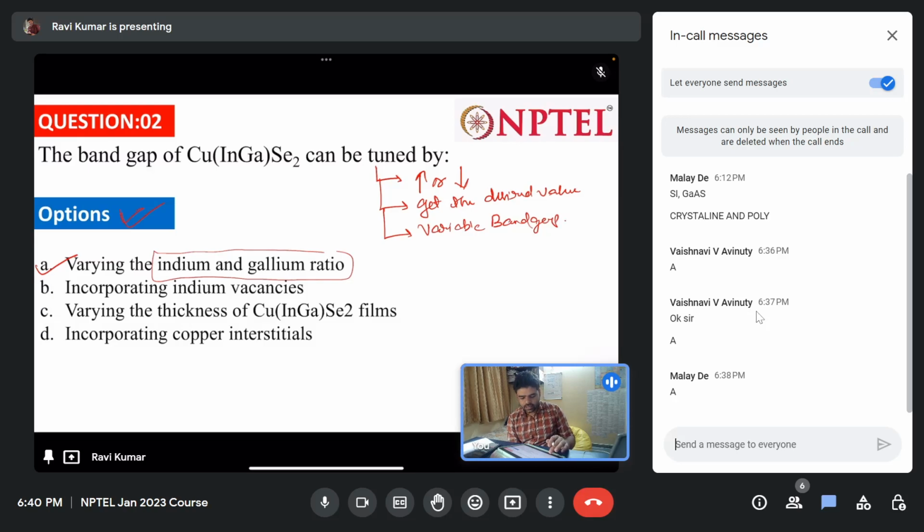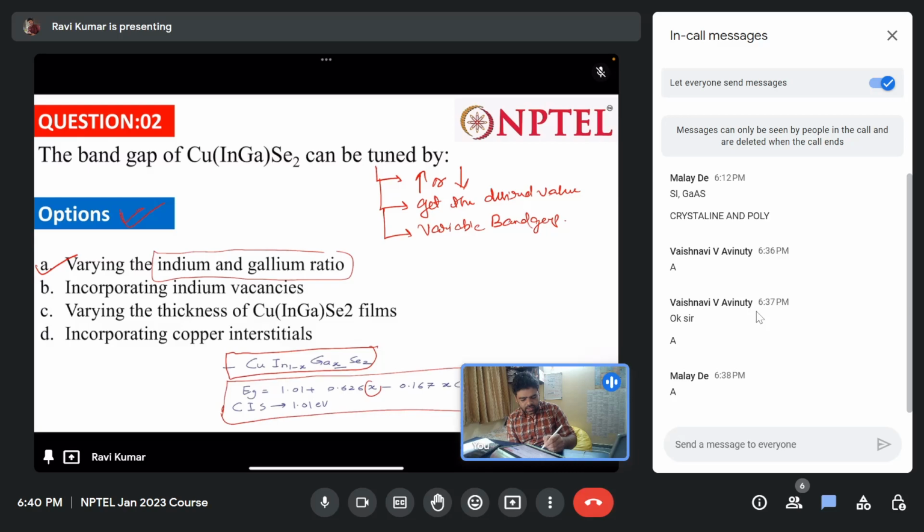Yes, both of you are right. This is the formula, and just by putting the value of x, we can calculate the band gap. Yes, option A is the correct answer here.